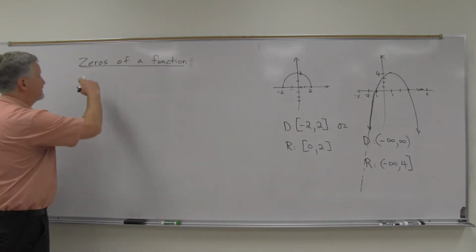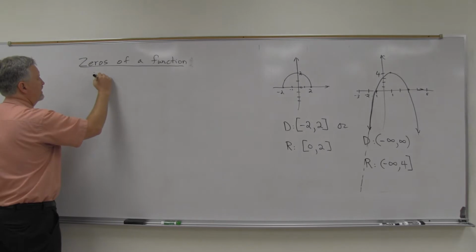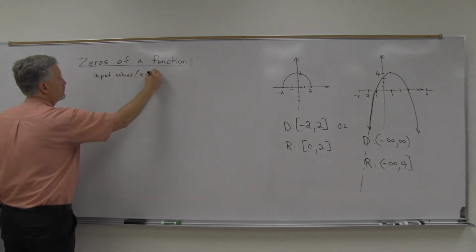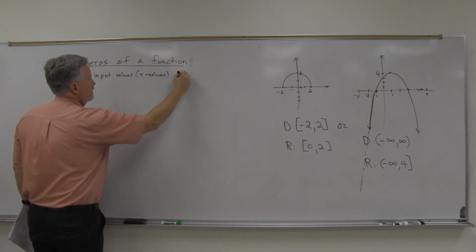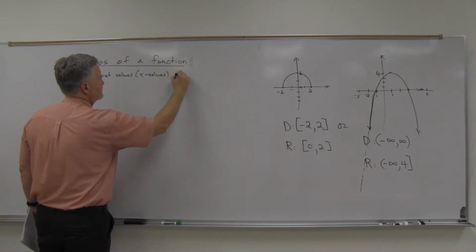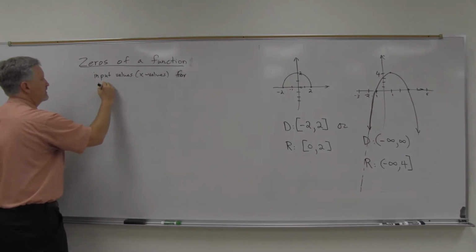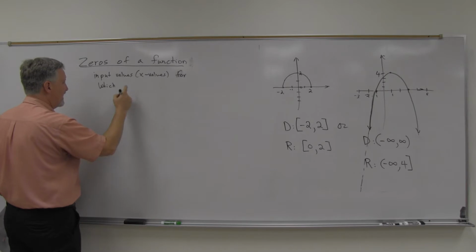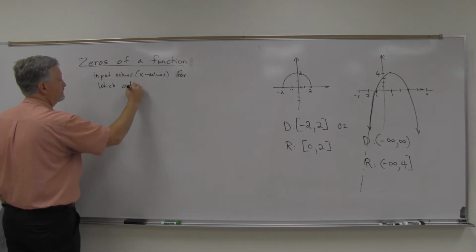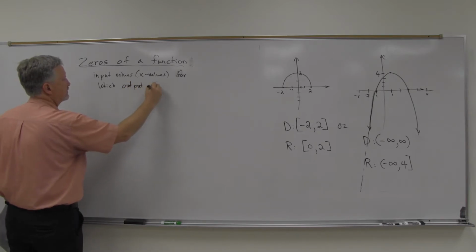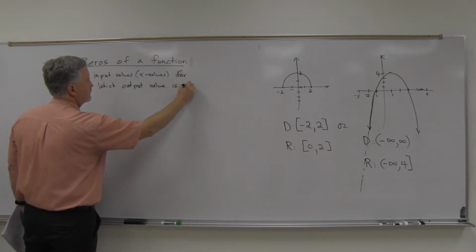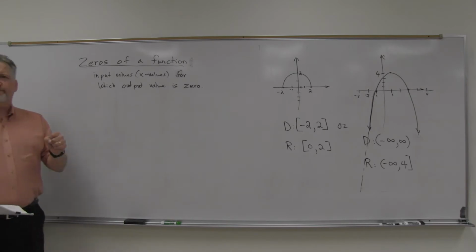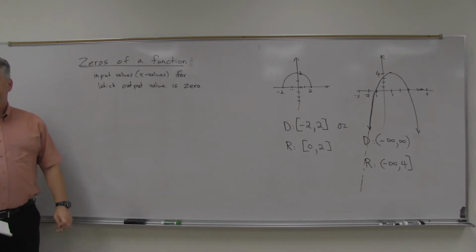So it's the zeros of a function, that's going to be the input values, or the x values, for which the output values, the y values, function values, is 0.